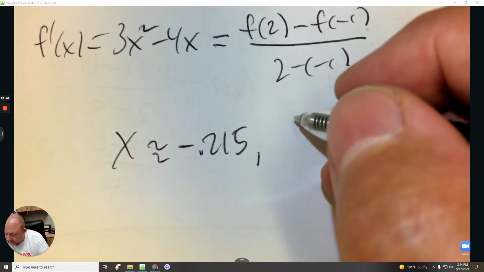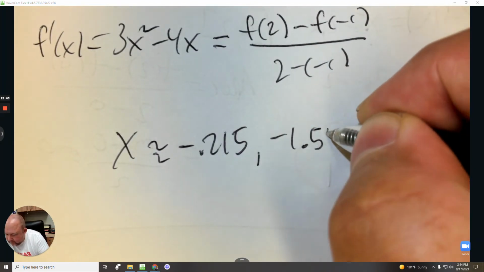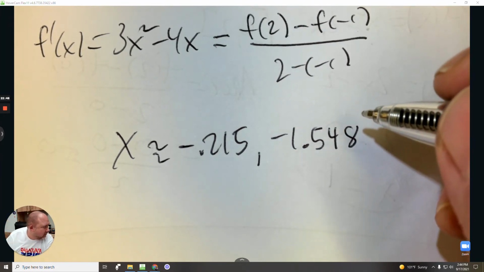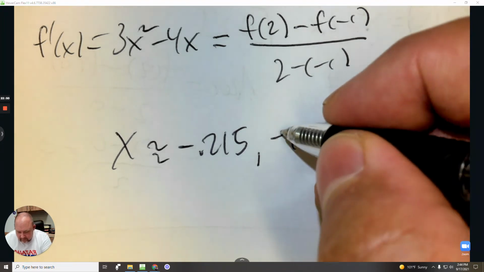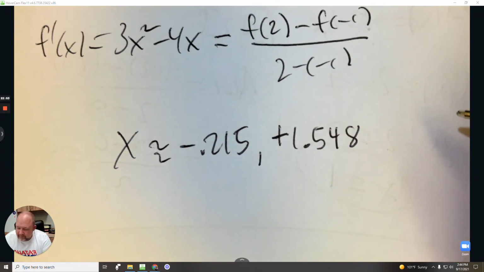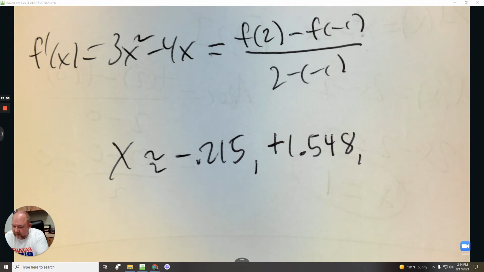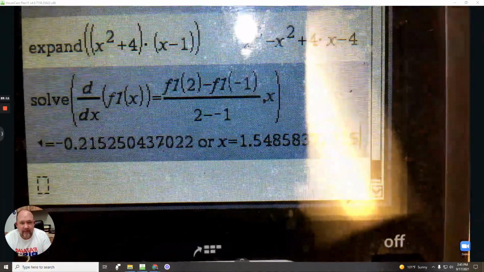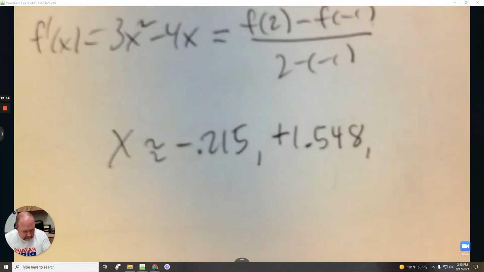The other one is 1.548. Is it positive? Oh, it's positive, so that's good. So positive 1.548 is in my interval. And then is there still one more? No, it's just the 2. That's it. Those two right there. That's the setup. Good practice. We can do it again.